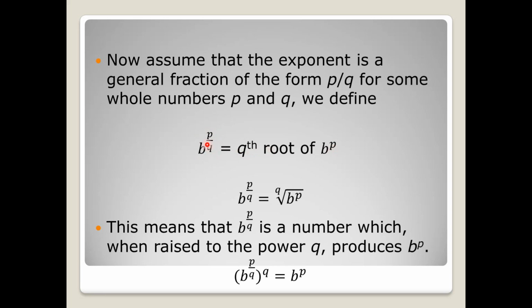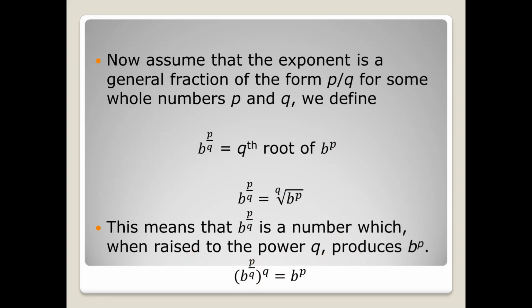See, q here in the denominator is the qth root of what? Of b to the power of p. So b to the power of p over q, we can write it as the qth root, see here the index of the root, and inside we have b to the power of p. This means that b to the power of p over q is a number which when raised to the power q, we will get b to the power of p.